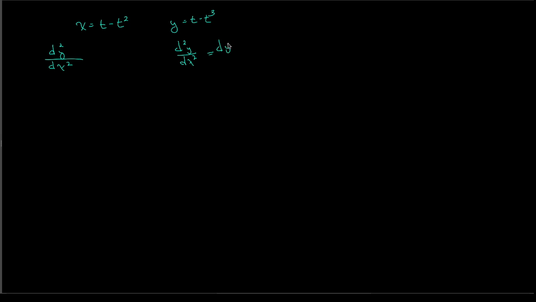we're going to look at dy prime with respect to t and dx with respect to t. And so the first thing we want to figure out is y prime, which is dy/dx, but dy/dx is dy/dt over dx/dt.